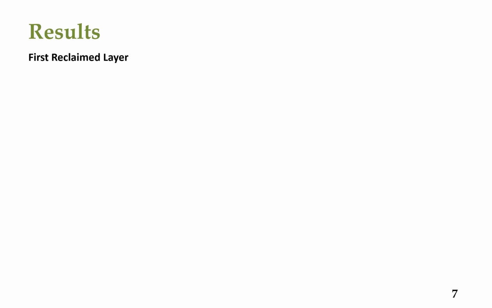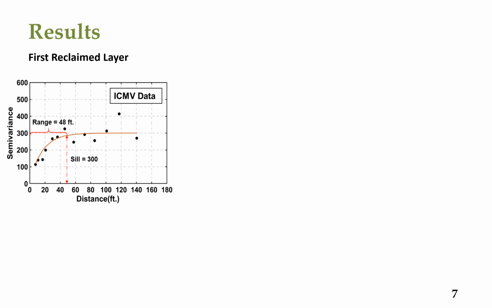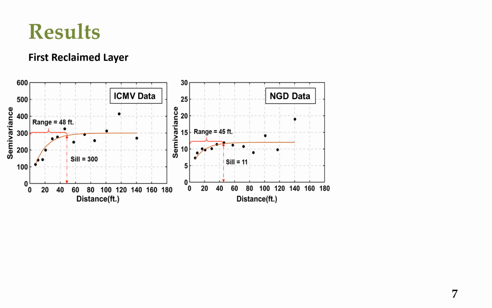So now we are going to see the results of geostatistical analysis for the first reclaimed layer. As can be seen, the semi-variogram models of ICMV and NGD measurements have kind of similar range values.